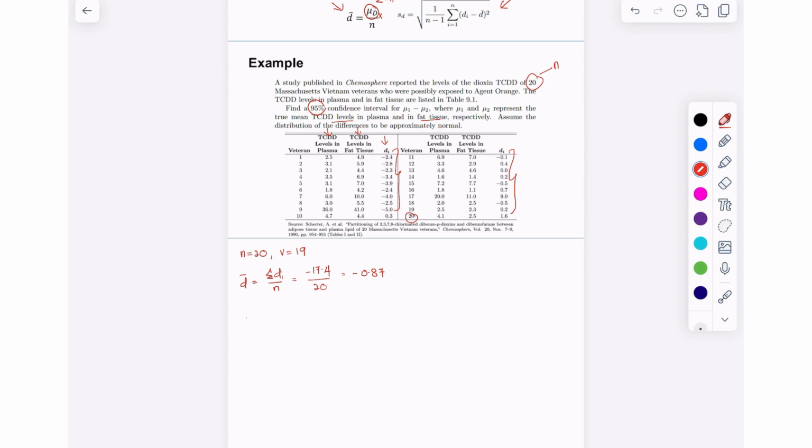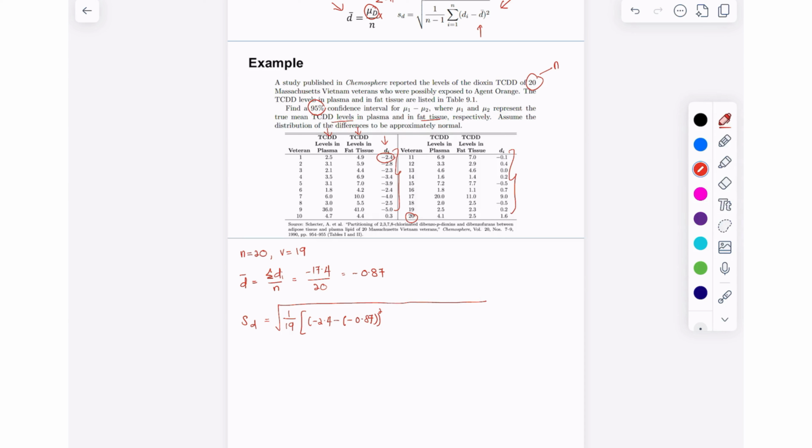Then we find SD, the standard deviation for the difference. The standard deviation is the square root of 1 over n minus 1, that is 19, times the summation of di minus d bar squared. So the first difference, d1, is negative 2.4, so we have negative 2.4 minus d bar, and d bar is negative 0.87, and then you square.